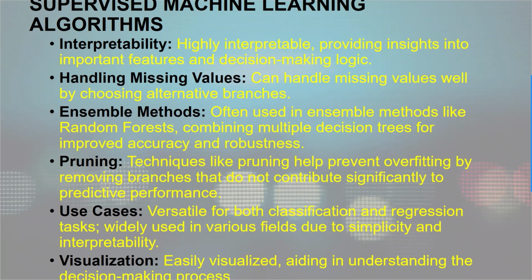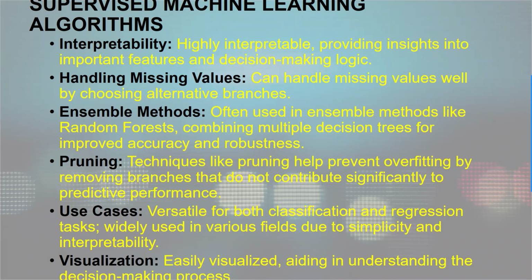Next, we have interpretability. The decision tree is highly interpretable, providing insights into important features and decision-making logic. Then we have handling missing values, which it can handle well by choosing alternative branches. Then we have ensemble methods, where it is often used in ensemble methods like random forest, combining multiple decision trees for improved accuracy and robustness.